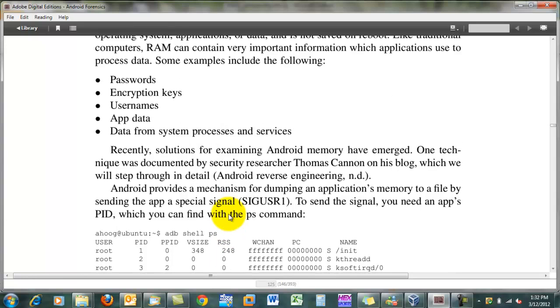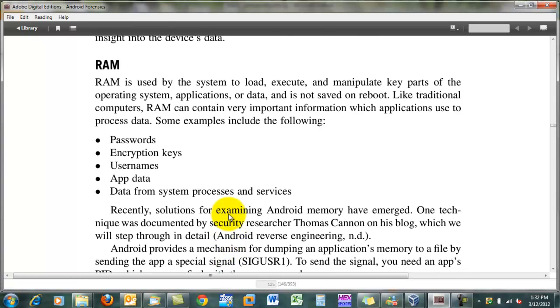But bear in mind, there are two types of RAM data we are talking about here. One type is the RAM of the whole Android operating system. Let's say the RAM of this Android device is 8 gig. If you pull the Android RAM data, you get 8 gig, irregardless of which applications are using the RAM.